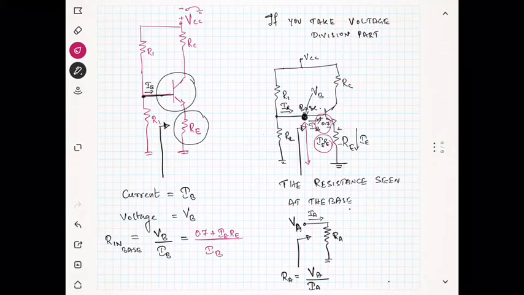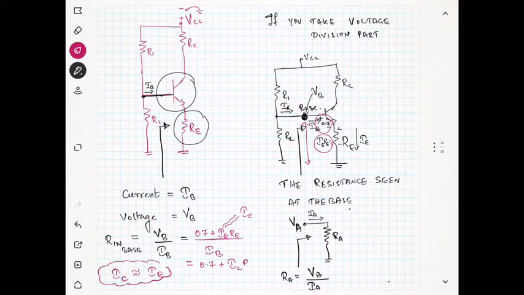But you know, as in our previous lecture that we have discussed, we have already explained this concept. The current IC is approximately equal to IE. So by using this notion, we can rewrite the above equation as 0.7 plus this, instead of IE we will use IC, just for simplification, divided by IB.